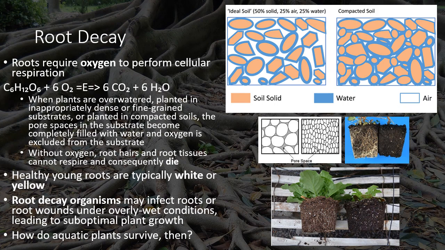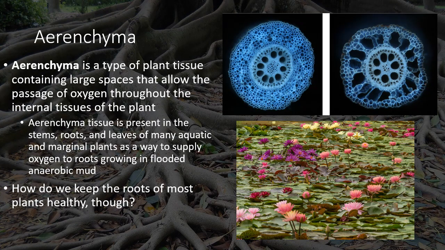This all leads me to a question. Hopefully, it leads you to ask some questions too. How do aquatic plants survive? We have on Earth thousands of species of plants which live only in water, or which prefer to live in very wet, waterlogged soils. So, if these conditions are prevalent in aquatic soils or substrates, how do aquatic plants survive basically under these overwatered conditions?